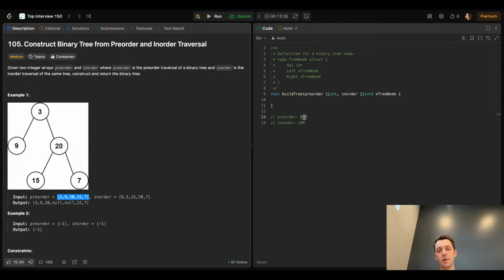So preorder is, wait a second, no left. So it's node left right, which is node left right.